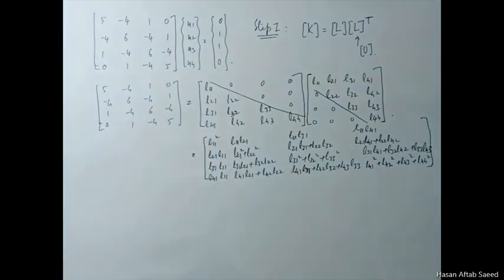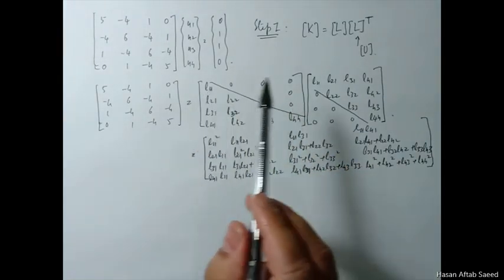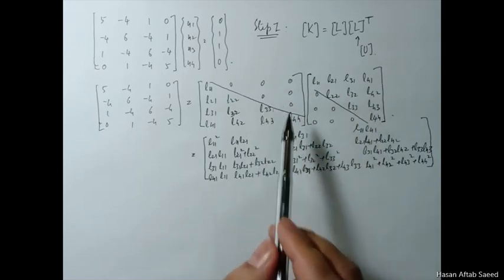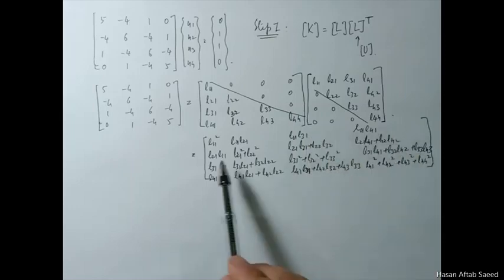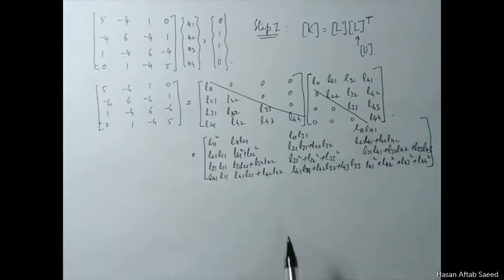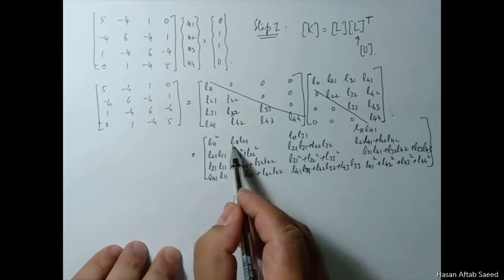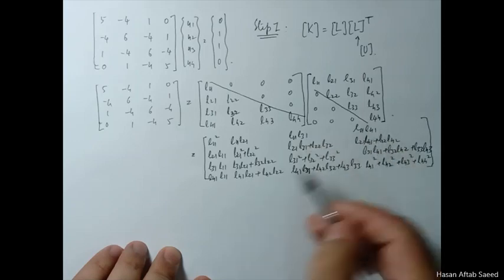So for your right hand side to be a lower triangular matrix and an upper triangular matrix, which is the transpose of the lower triangular matrix, each position takes this value. Now if you see, this is a symmetrical system. L21, L11, L11, L21, same thing. L31, L11, L11, L31. So this is completely symmetrical.